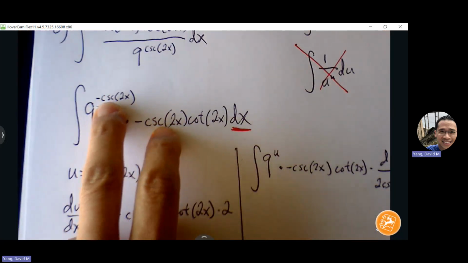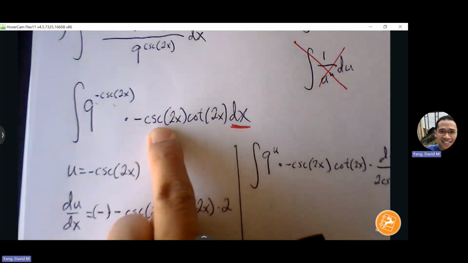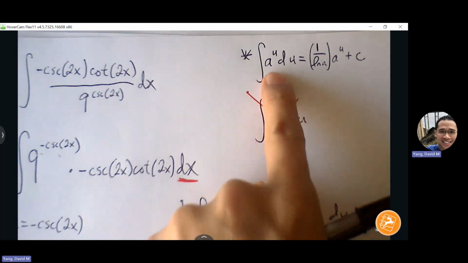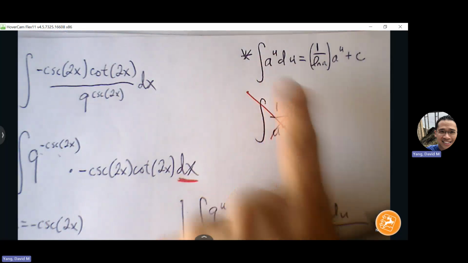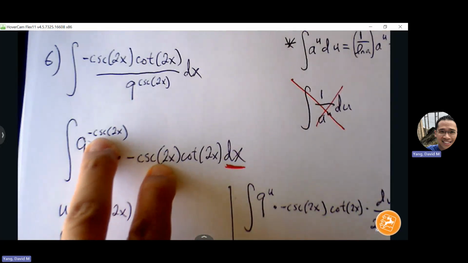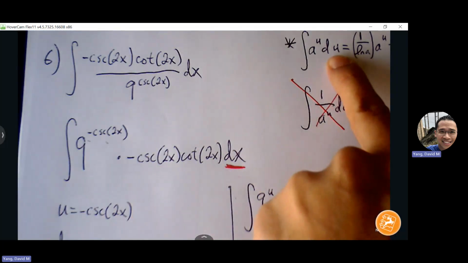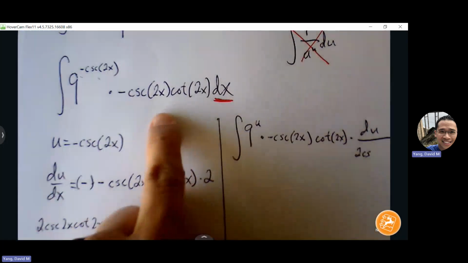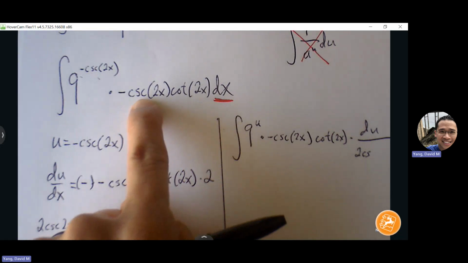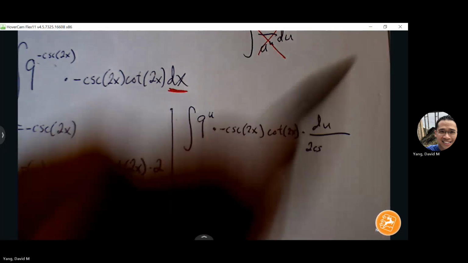We can pick and choose how we assign the u value, because if we let this be the u value as well, then it's not going to match this rule. Then we have a to the u times u, and it doesn't quite fit, right? So just because we see something that is the same as the u value, we may not have to include it as part of the u value. It just depends on whatever is going to make this puzzle work, right? So we can pick and choose. In fact, we're saving this cosecant 2x for the du dx to be canceled out.